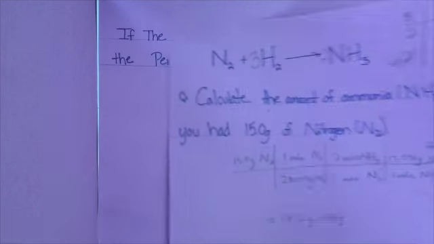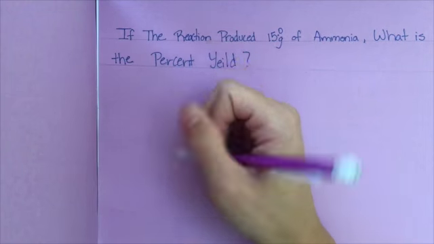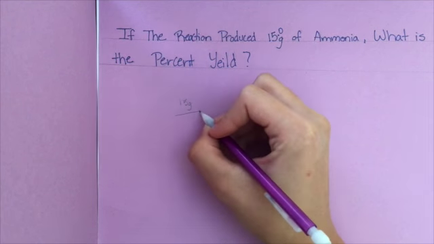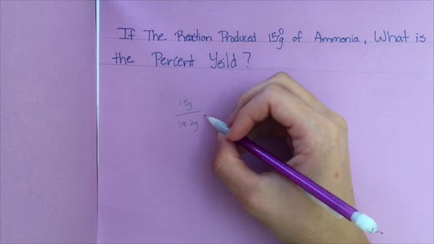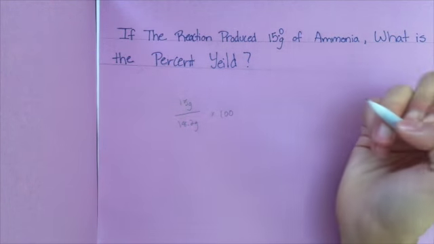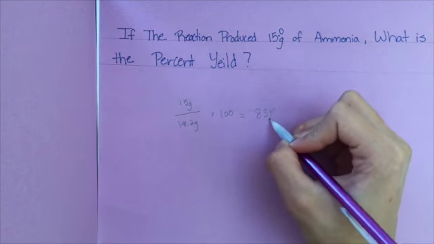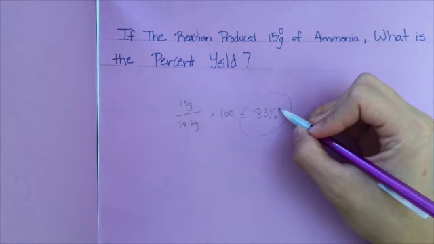So in actuality, only 15.0 grams of ammonia were produced. So to find the percent yield, you would do as such. 15 grams over 18.2 grams times 100, because this is percent, to give you a percent yield of 83%. So your percent yield is 83% ammonia.